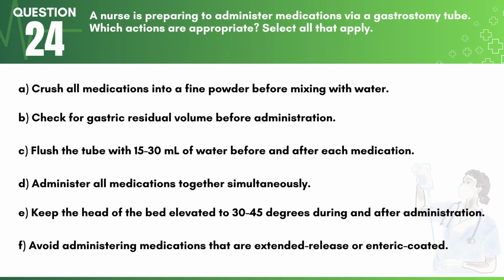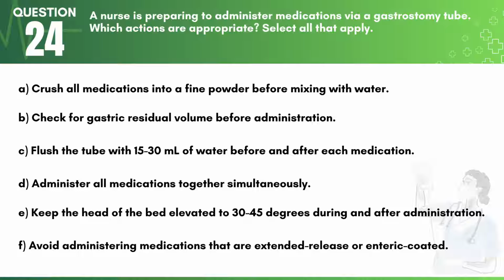Question 24. A nurse is preparing to administer medications via a gastrostomy tube. Which actions are appropriate? Select all that apply. A. Crush all medications into a fine powder before mixing with water. B. Check for gastric residual volume before administration.